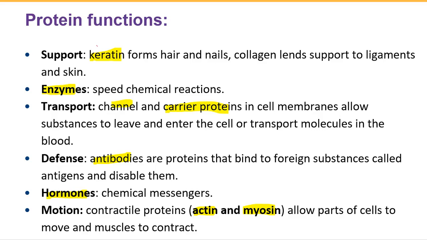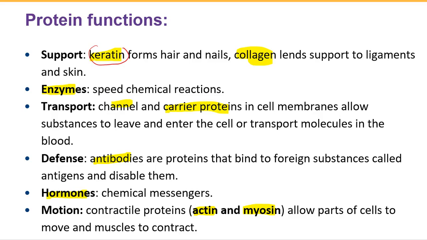As I mentioned, keratin is a protein found in our hair and nails. Keratin gives hardness to our hair and nails. And don't forget, collagen is another type of protein, found in our skin.